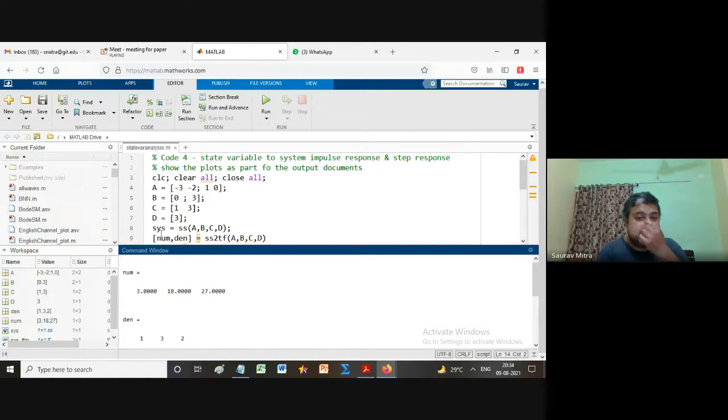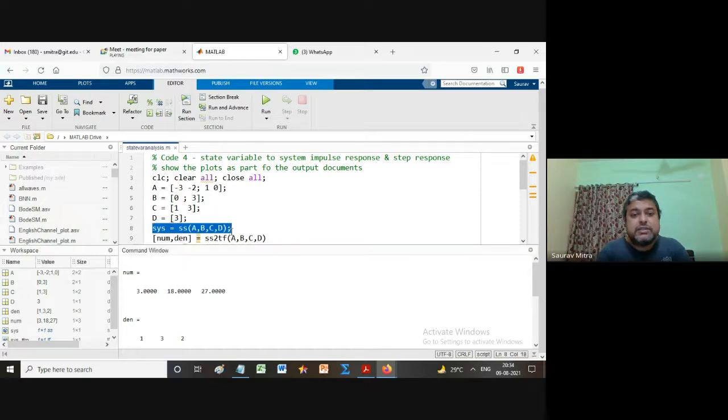So whenever you write sys is equal to ss ABCD, you are trying to find a system with a transfer function where the A matrix is the state matrix, B matrix is the input matrix, C matrix is the output matrix, and D matrix is the direct transmission matrix. So this line is very important. Sys equals ss ABCD means you are instructing MATLAB to consider the A matrix as a system matrix, B matrix as an input matrix, C matrix as an output matrix, and D matrix as a direct transmission matrix.